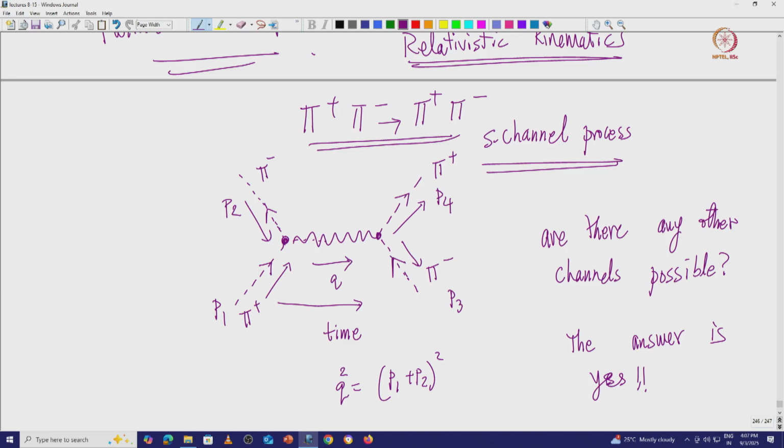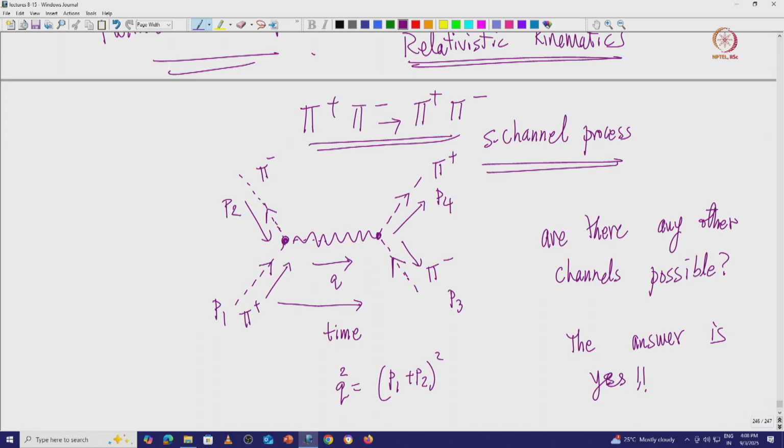This is a virtual photon, this is a propagator. The pions come in, virtually annihilate to form a virtual photon. You should be careful: if they really annihilate, they actually form 2 photons.